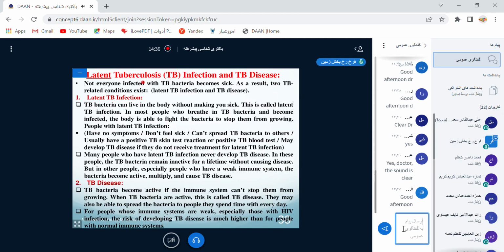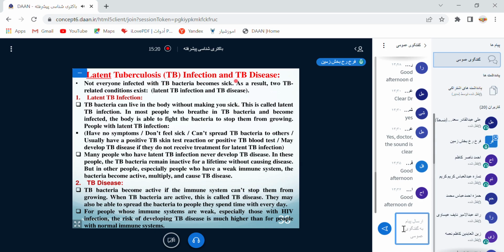So today we want to have an example related to latent infection. For example, one latent infection is mostly related to tuberculosis, and we call it latent tuberculosis, TB, or tubercle bacilli, or tuberculosis infection. Sometimes tuberculosis, which is caused by Mycobacterium tuberculosis, is in a latent state, latent infection.